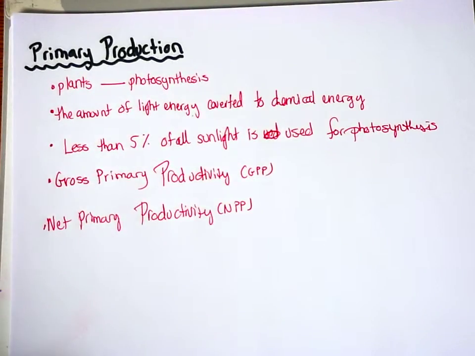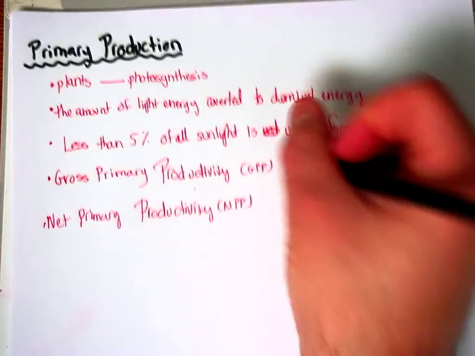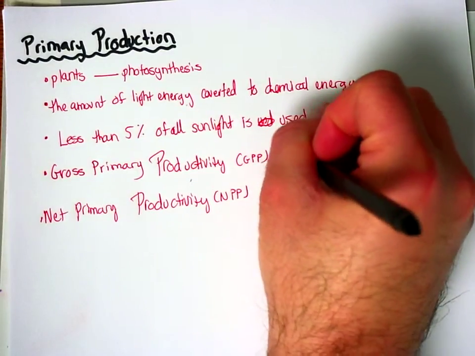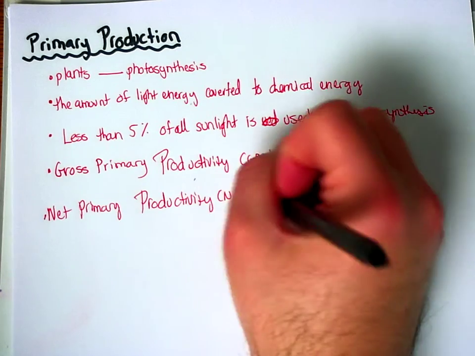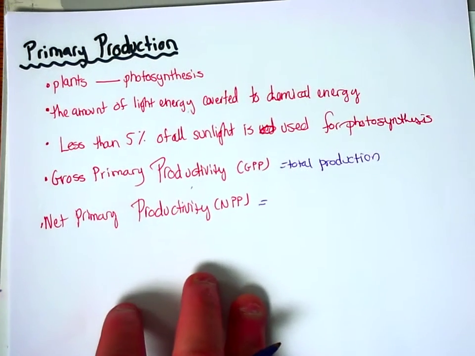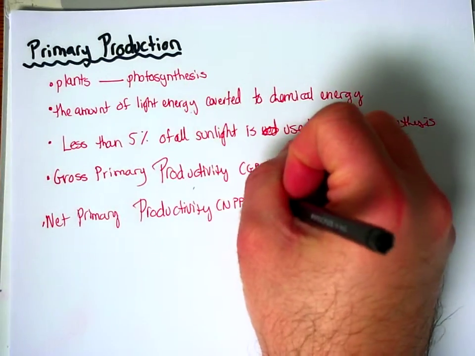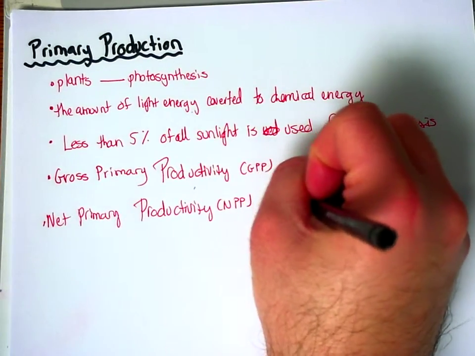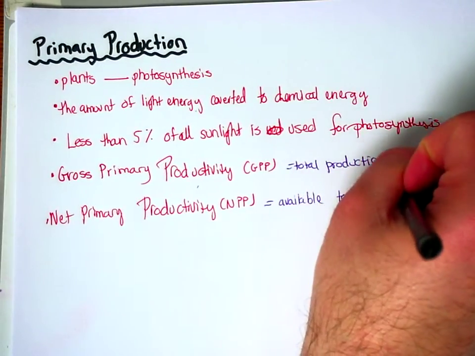If you're thinking about money, is gross what they pay you, or is gross what you take home? Net is what you take home. So gross primary productivity refers to total production, whereas net primary productivity factors out any energy that was used along the way. So net primary productivity is what's available to consumers.